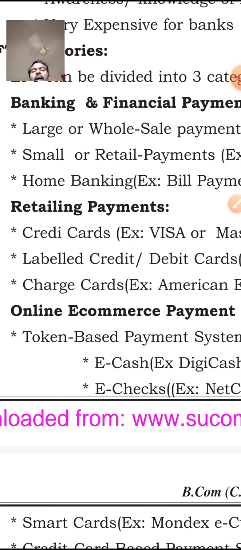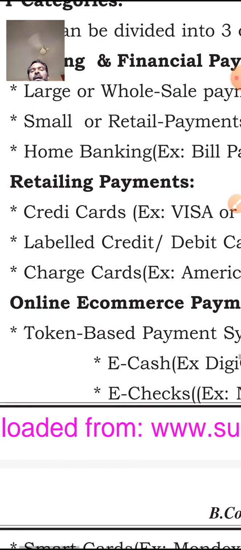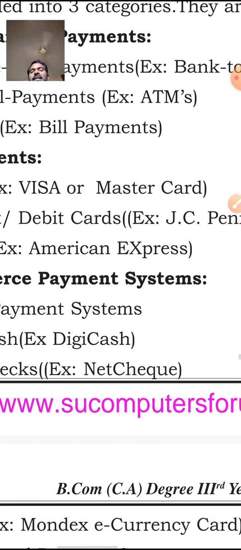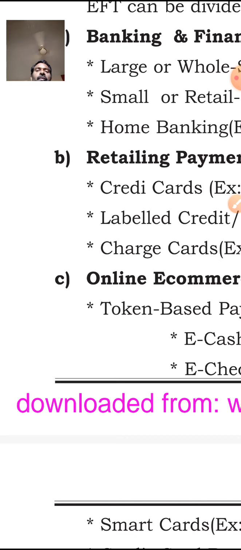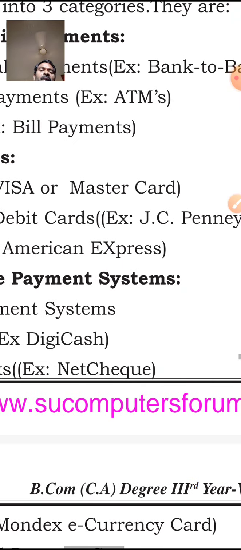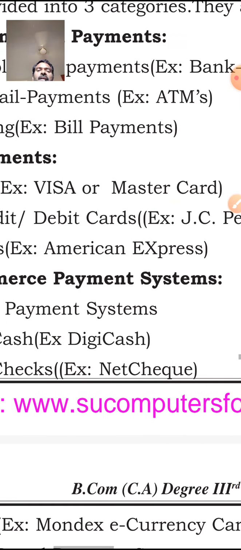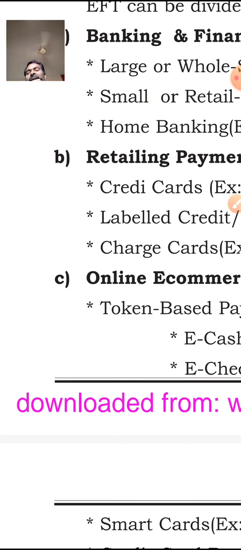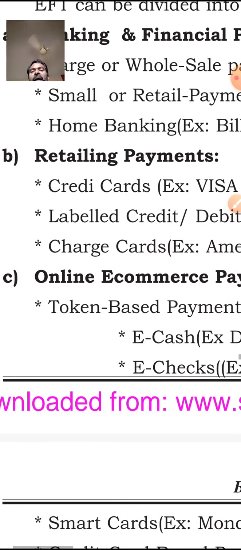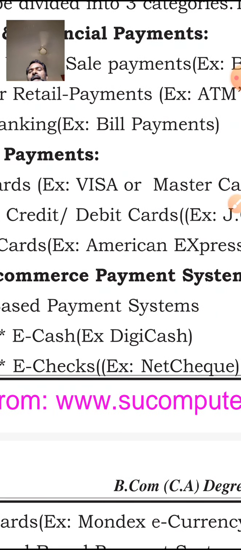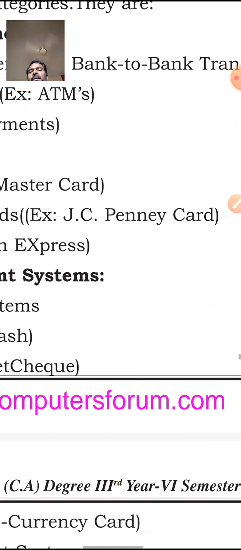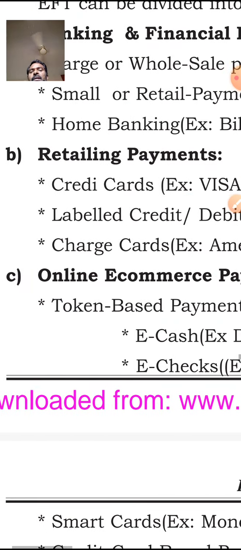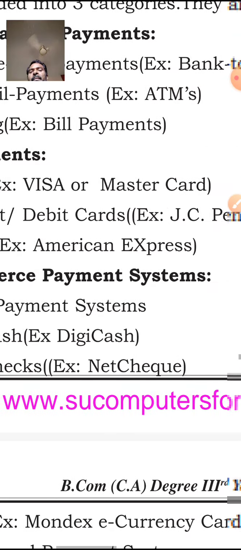In the retail payment system, credit cards like Visa, MasterCard and RuPay card are used. At present in India we are using the RuPay card, while Visa and MasterCard are used in the international, worldwide manner. Then labeled credit and debit cards, for example JC Penny cards. Then charge cards, like American Express.